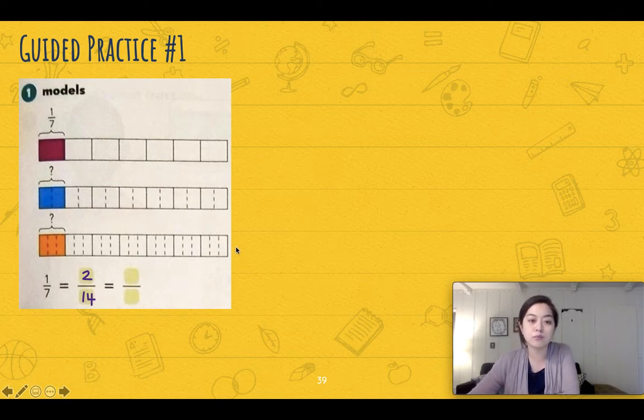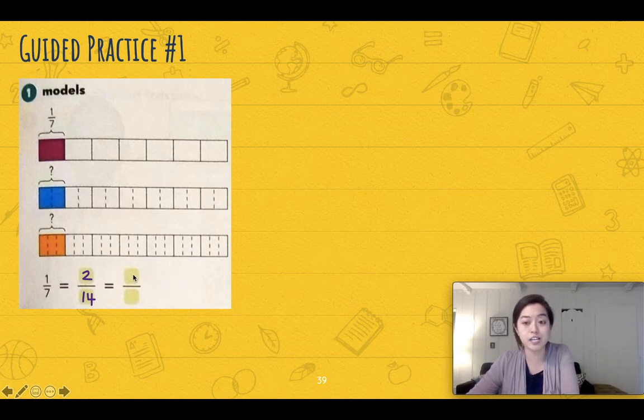Let's look at the third bar model here at the bottom. How many total parts do you see? Well, let's count by 3s. 3, 6, 9, 12, 15, 18, 21. There's 21 total parts, so I have to write that in the denominator. And what do I write in the numerator?